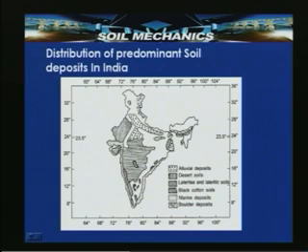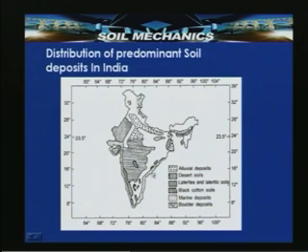This is a typical distribution of the predominant soil deposits in India, a map showing different types of soils superimposed on the map of India.